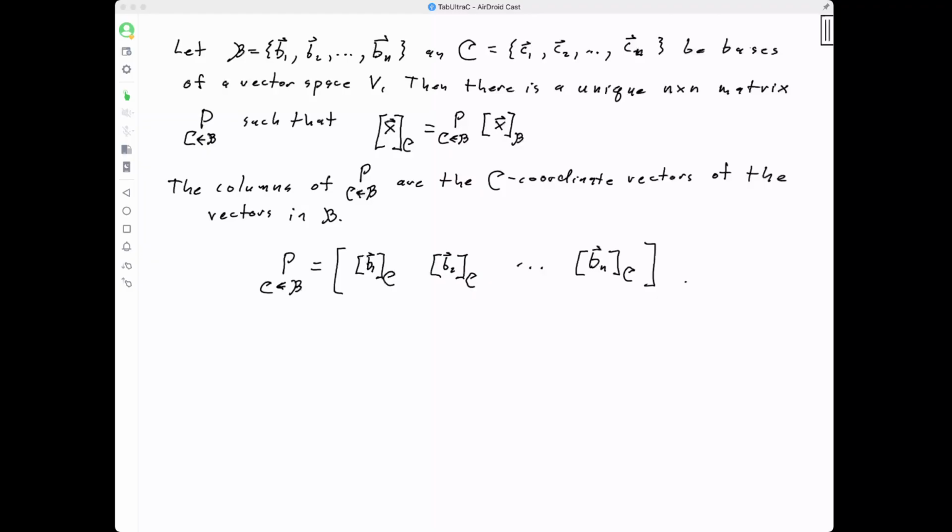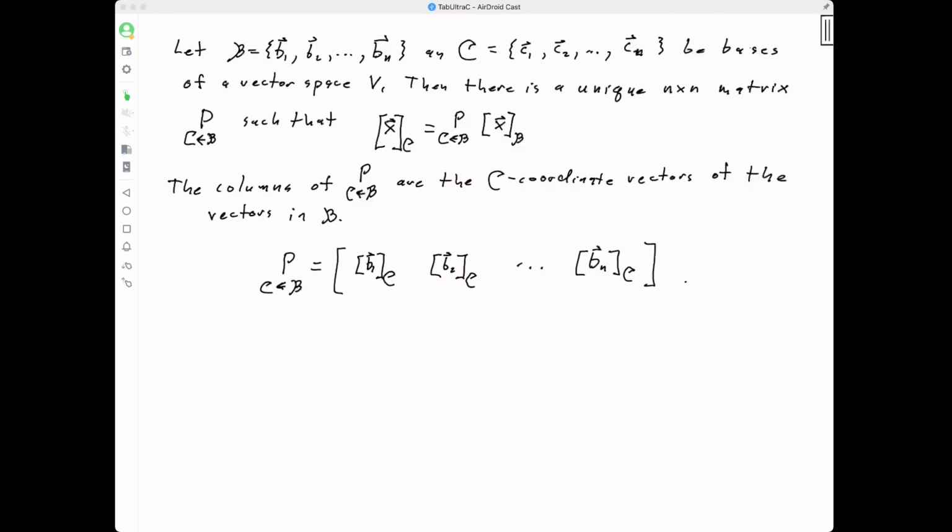Furthermore, this matrix must be invertible since both B and C are bases.